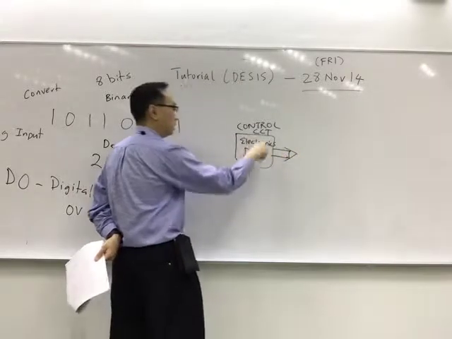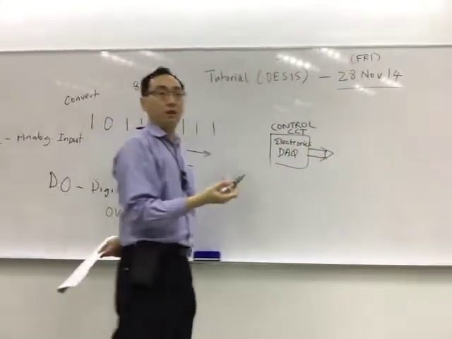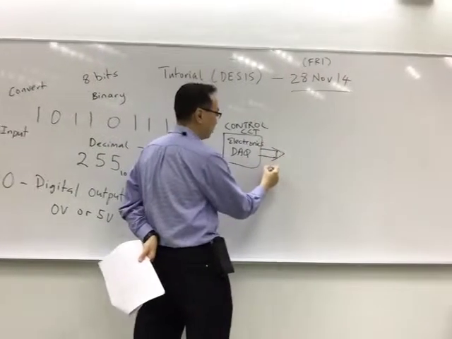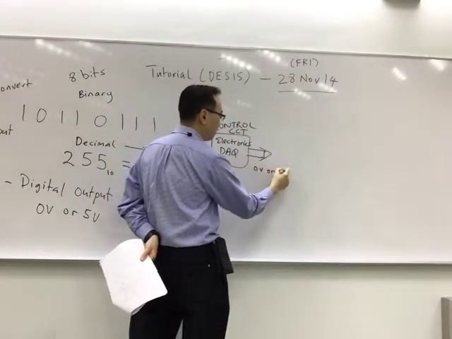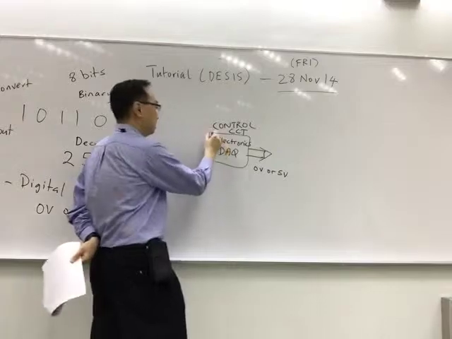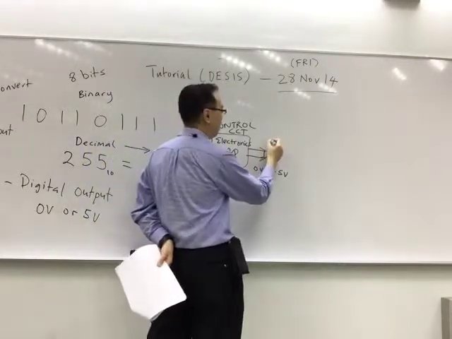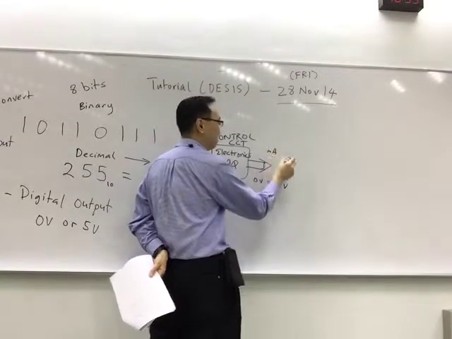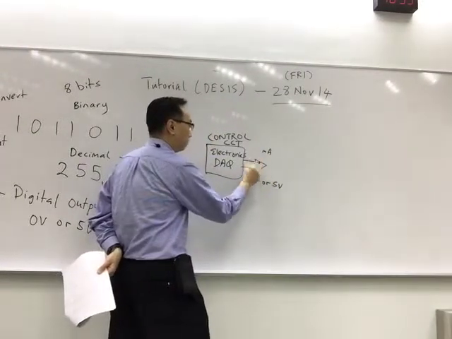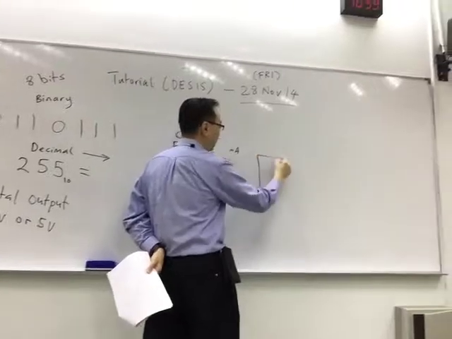When you talk about electronics, you output things like 0 volts to 5 volts. Simple electronic circuits output very low current, maybe in milliampere. But this electronic circuit will be used to drive something.